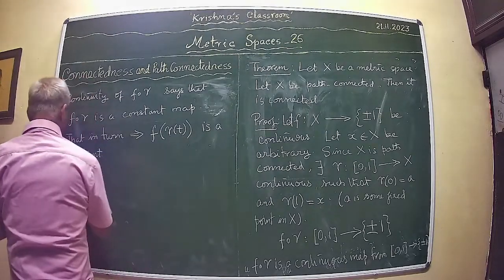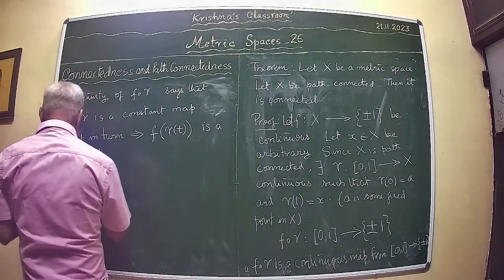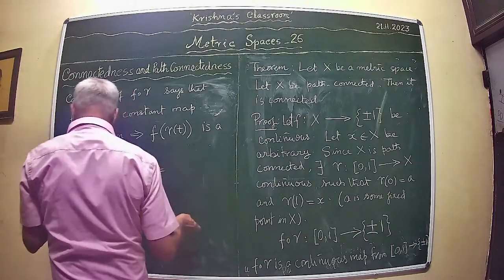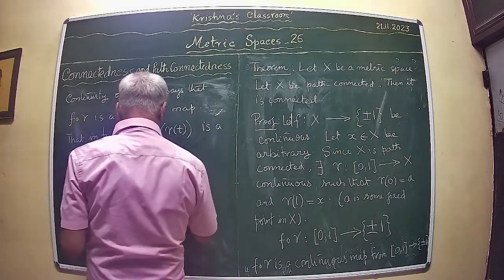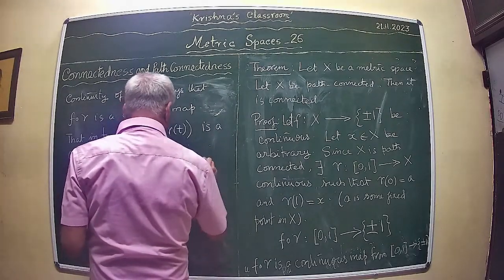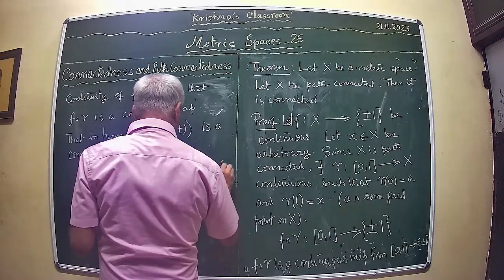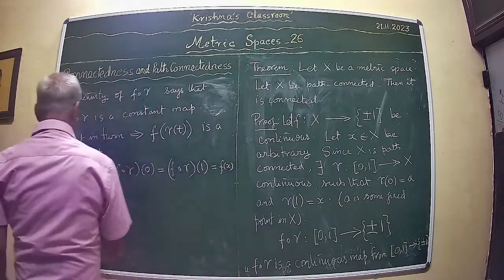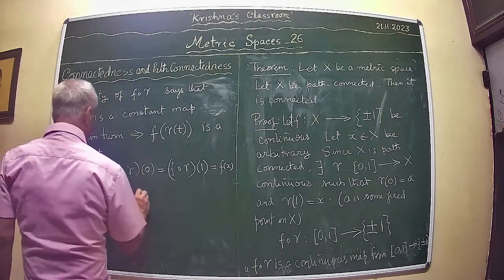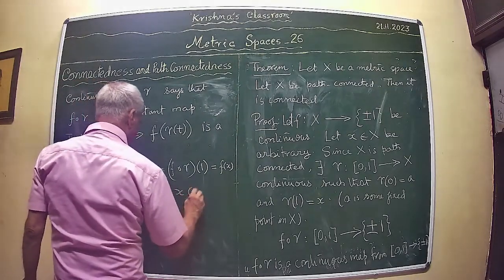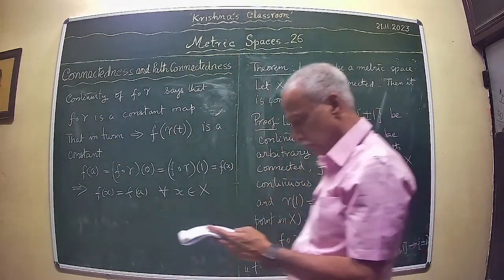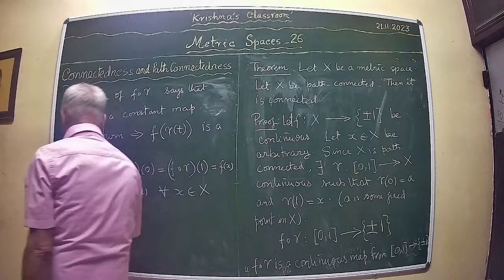Therefore, we have F of A equal to F of X, which implies that F is a constant.